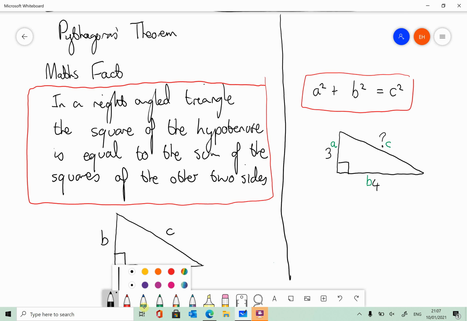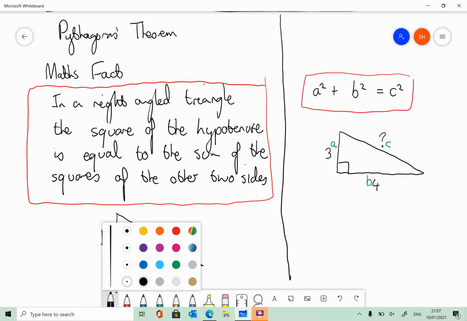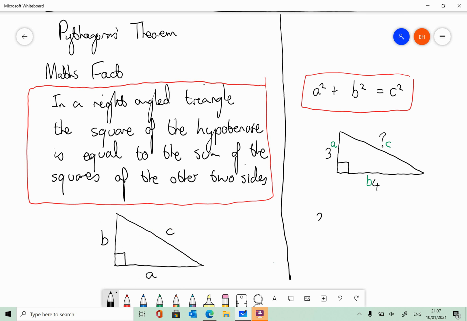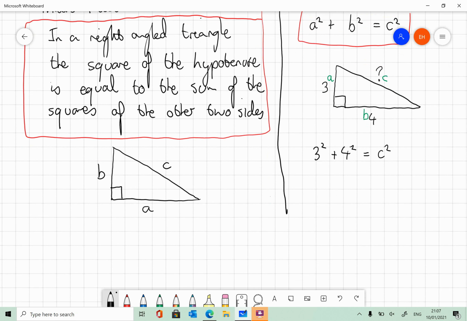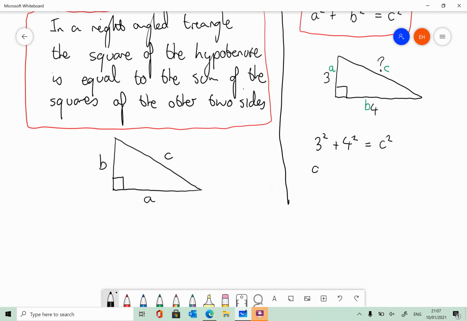So we can go back into our black biro, and using this formula up here, we can now say 3 squared plus 4 squared equals, let's call it C squared. So that's 9 plus 16 equals C squared. So C squared must equal 25.